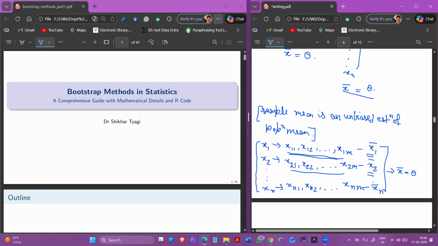Based on that we were finding the posterior density function, and then we were finding the estimates. So in that procedure we were also taking the x1, x2, xn sample in the Bayesian also, right?